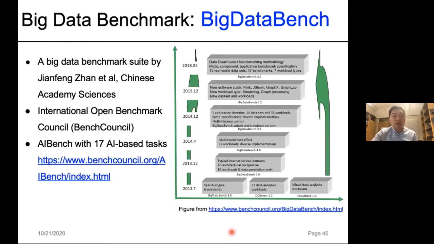So the final big data benchmark we'll be talking about is BigDataBench.